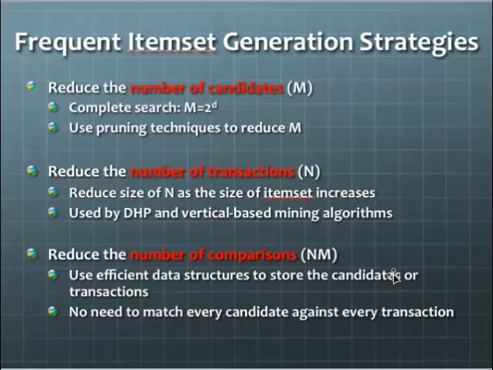And the second way to reduce the computational complexity of frequent item set generation is to reduce the number of comparisons. So instead of matching each candidate item set against every transaction, we can reduce the number of comparisons by using more advanced data structures, either to store the candidate item sets or to compress the data set.